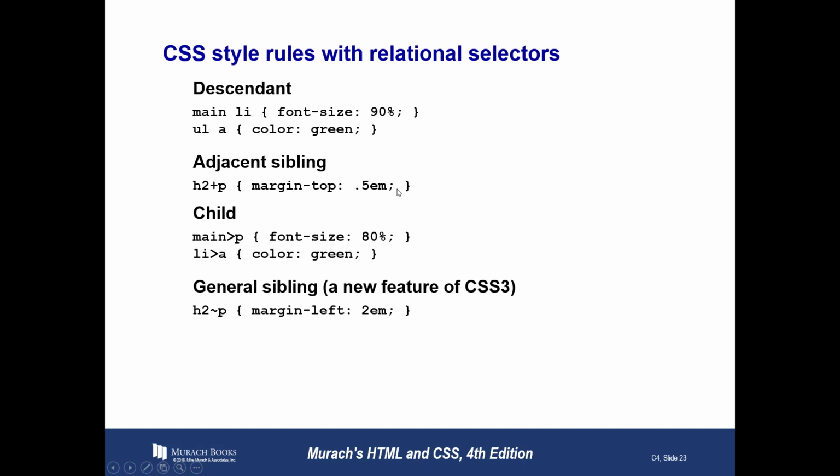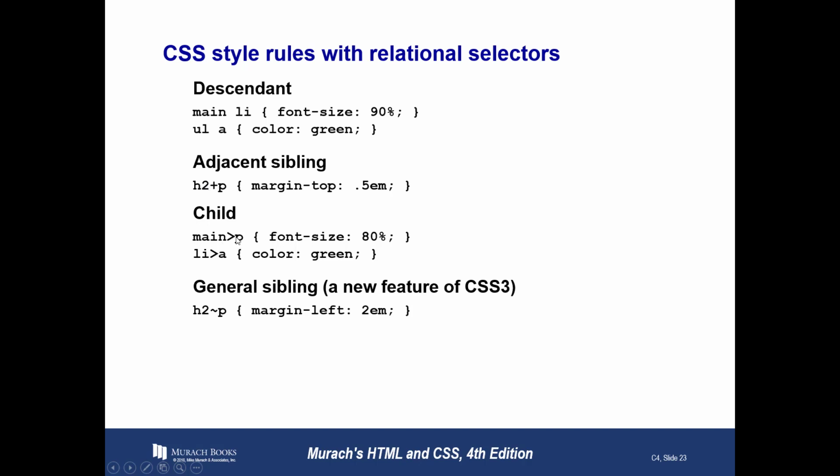Okay. Here's where it starts to get a little bit confusing. This, for example, is called the descendant selector. This is any LI that exists in main. This is any A tag that exists in an unordered list. These are adjacent siblings, so they're at the same level. These are child selectors.